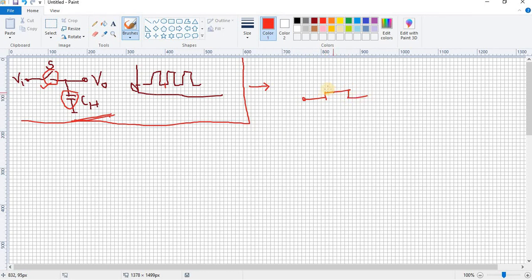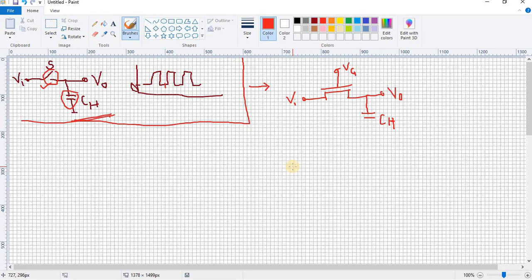So the switch is replaced by an NMOS transistor and the remaining things are the same. There should be a holding capacitor, right? This is the holding capacitor CH, and this should be the output terminal. This should be the input terminal. This should be the gate voltage.